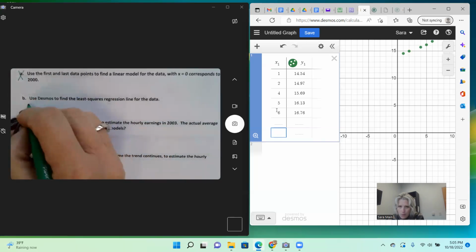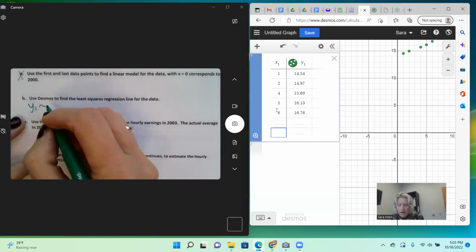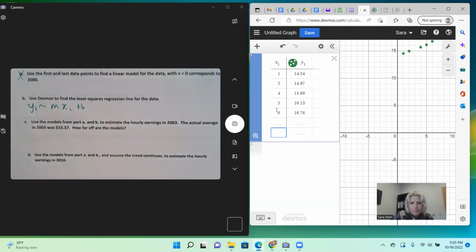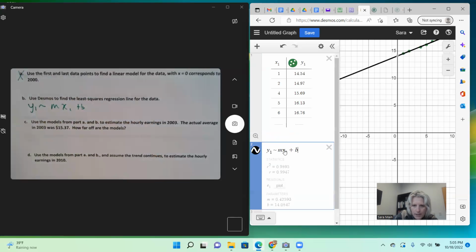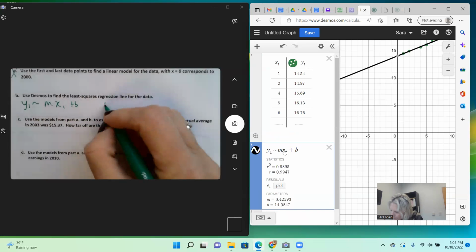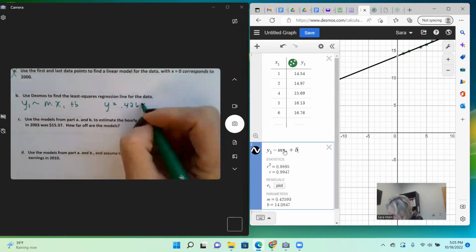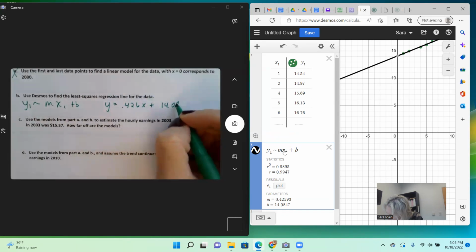So wherever your data is, you're going to use Y1 tilde MX1 plus B. So I'm going to do Y1 tilde MX1 plus B. And it gave me my slope. So my slope is 0.426x plus 14.08 is my y-intercept.